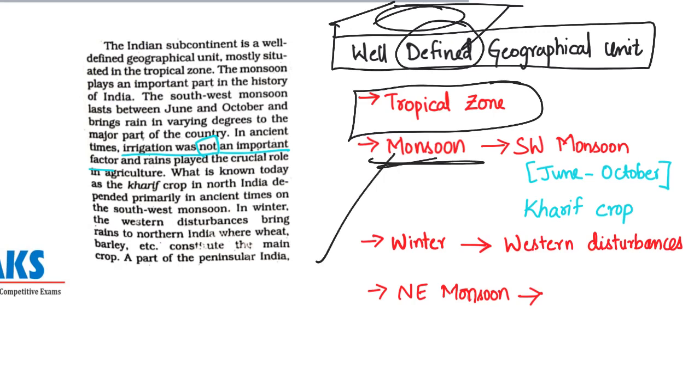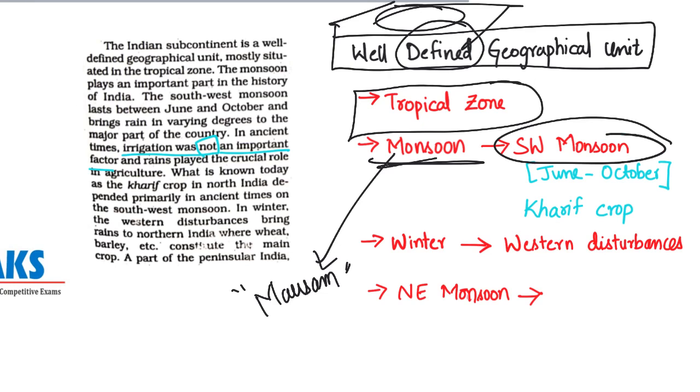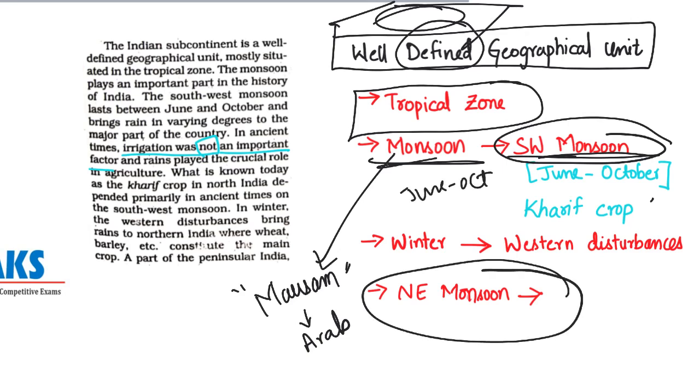And you know, monsoon is derived from the Arabic word Mausam. It is in context to the southwest monsoon, through which these Arab traders would come into India and stay here for a really long time, starting from June to October. Then after the advent of the northeastern monsoon, from October till January, they would return to their own countries.